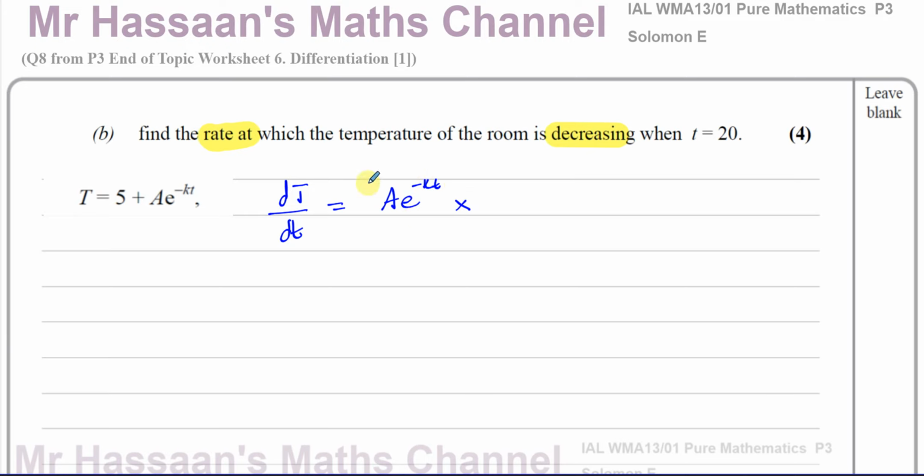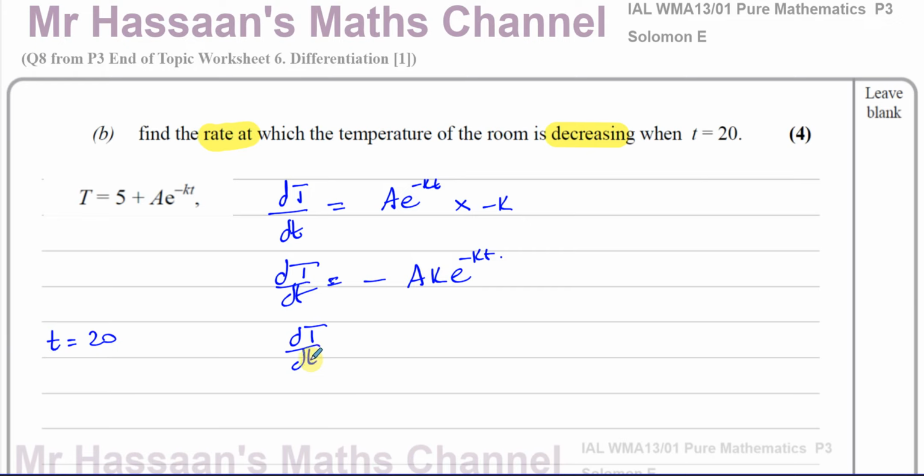So the main function is differentiated by staying as it is, but then you multiply by the differential of what's inside, so you multiply by minus k, because if you differentiate minus k times t, you get minus k. So we can say dT/dt is equal to minus a times k e to the power of minus kt, and we want to find the rate when t equals 20 minutes.